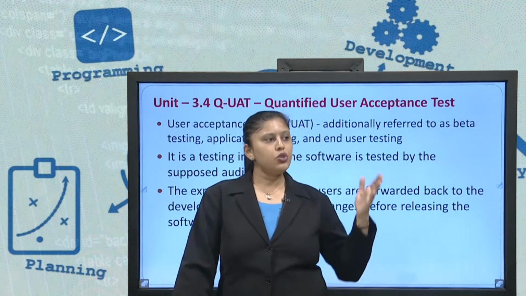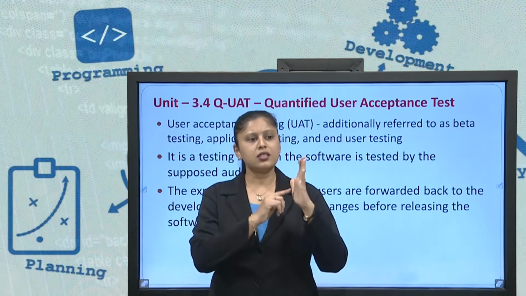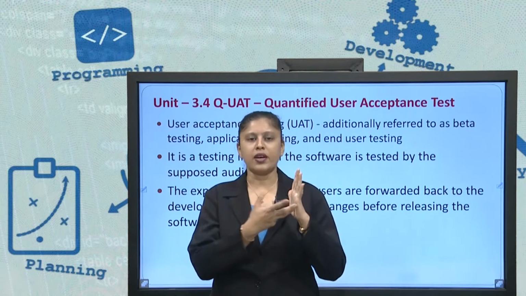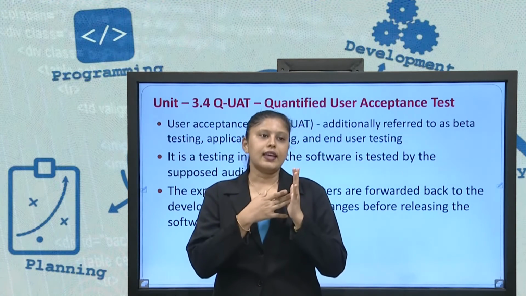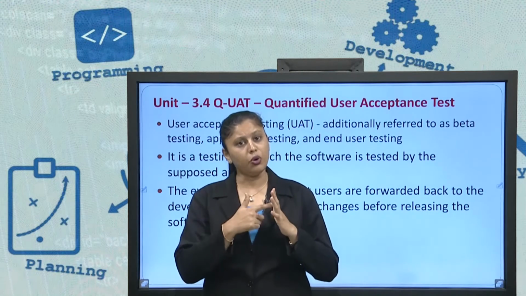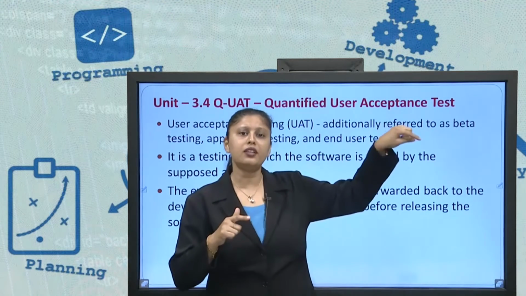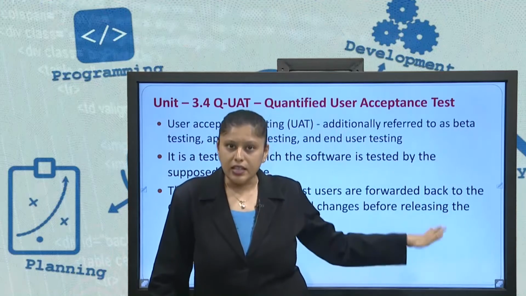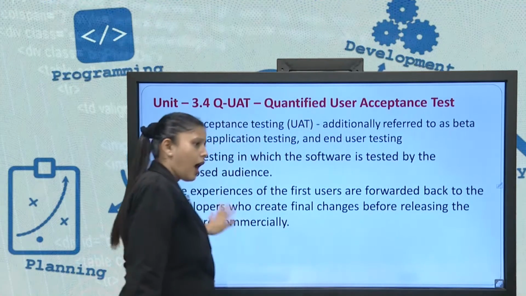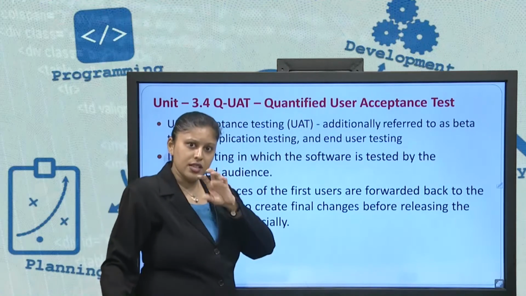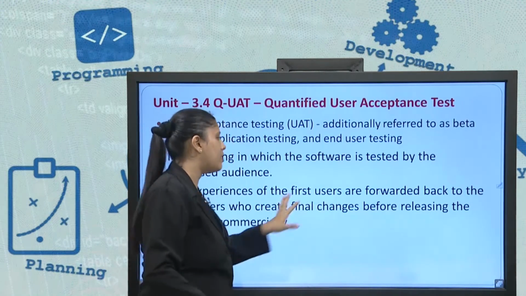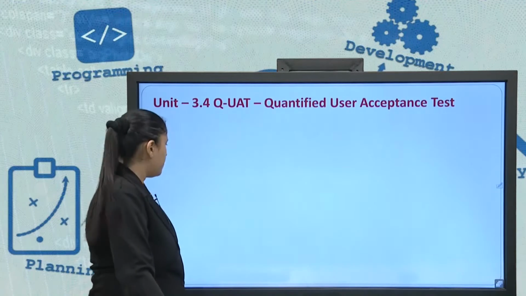In that case my users will tell us that this thing is missing in the software and we want it to be added, maybe a functionality. Then that point is passed on to my developer team, who will modify the code in order to meet the functionality that my user needed or demanded. Once the functionality is incorporated in my project, only after that will it be released for commercial use.